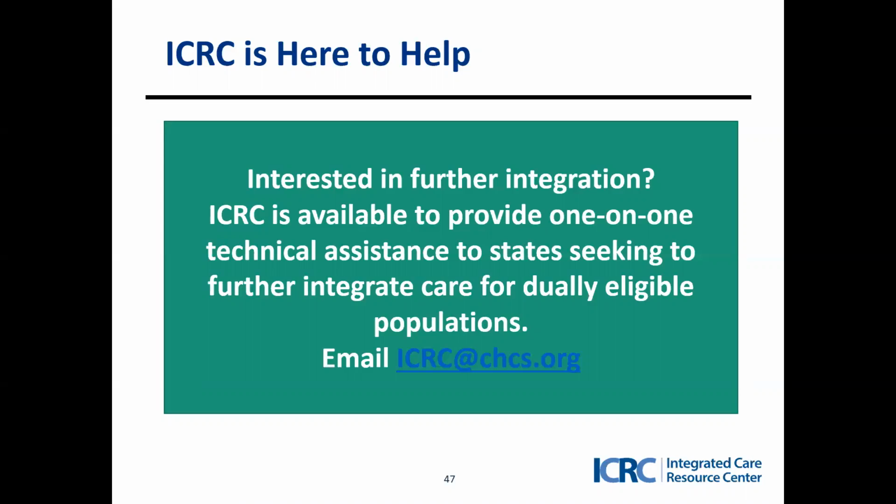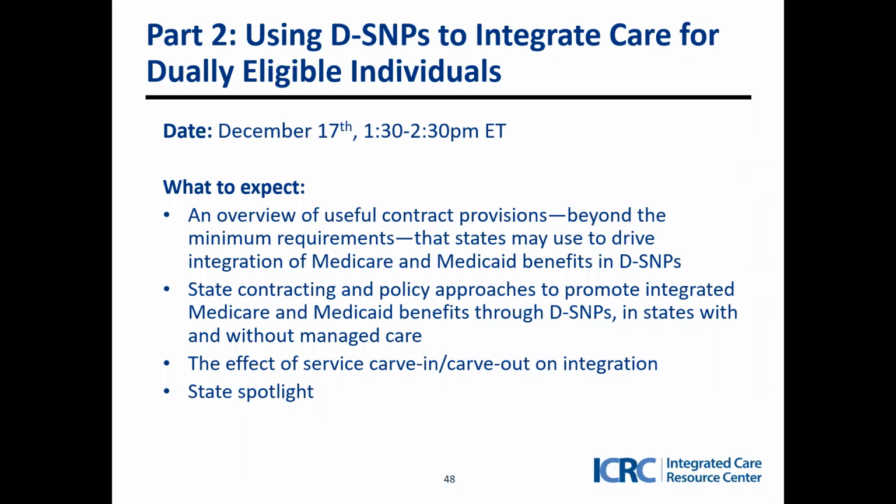And quickly wanted to give a plug, Danny, if you can move to the next slide. Part 2 of this webinar is on Thursday afternoon. You can still register for that if you have not already done so. We're going to go in a little bit deeper dive on some of these contract provisions that states can add in to advance their integrated care programs and deal with things like carve-ins and carve-outs.